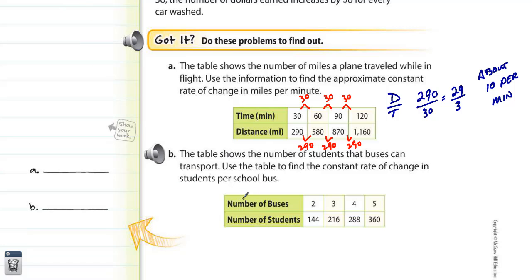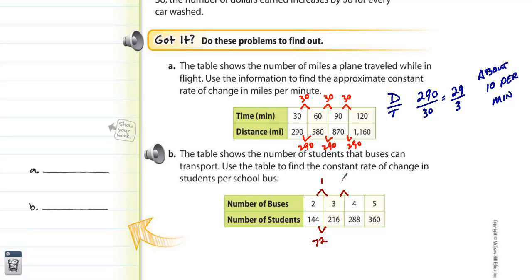So again, the number of buses and the number of students. The number of buses tells you how many students you can carry. So we're going to look first at the change in the buses. When the buses change by one bus, the students change by 72 students.